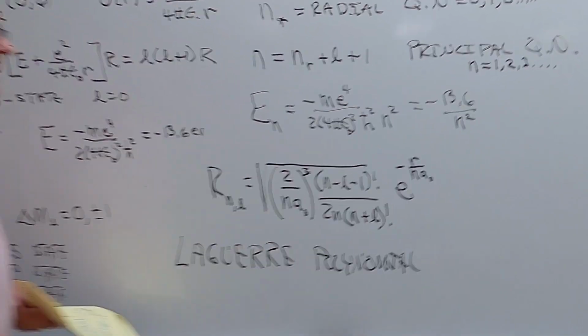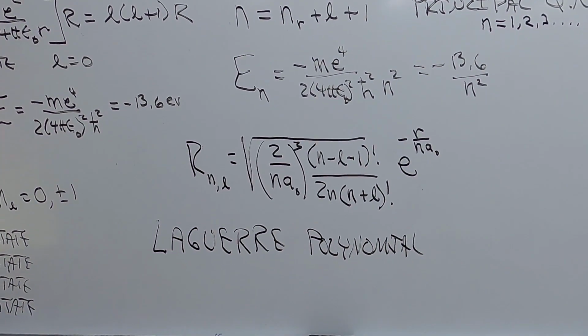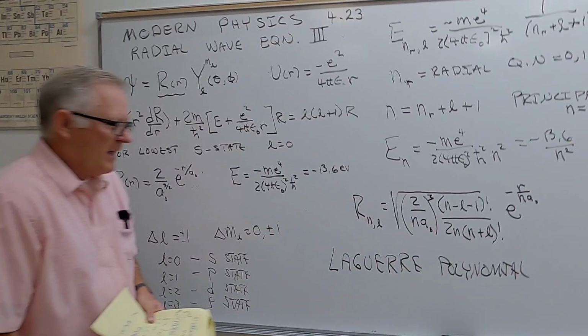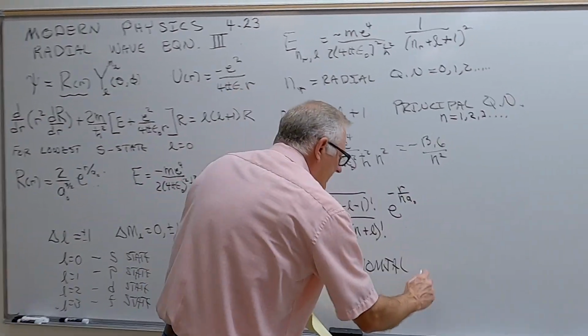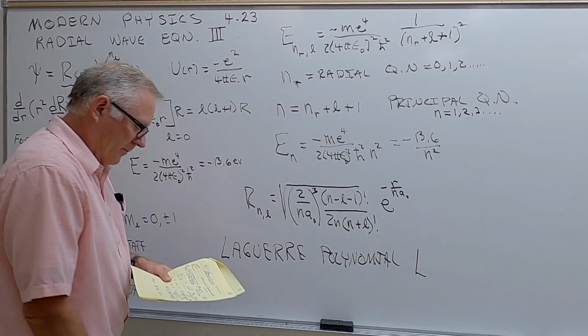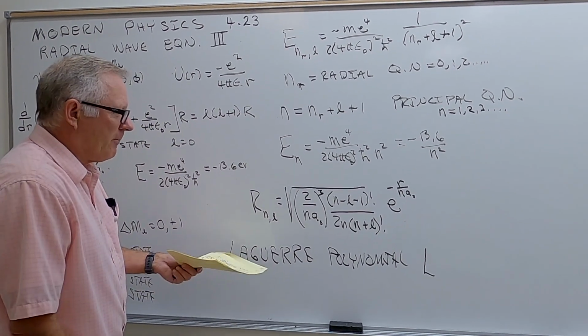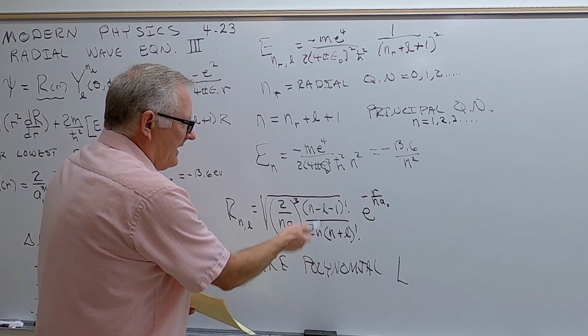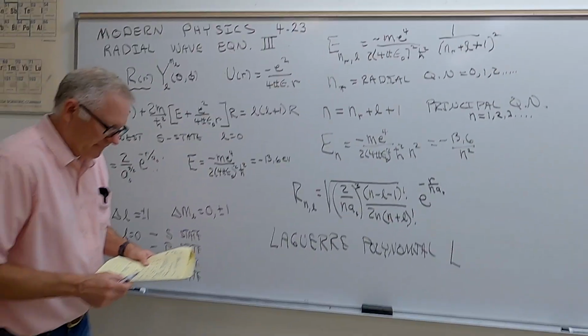That's why when they raise the order of the polynomials, the more wiggles it puts in. And they use the letter L for the Laguerre polynomial. It depends on two numbers, the n's and the l's right here.